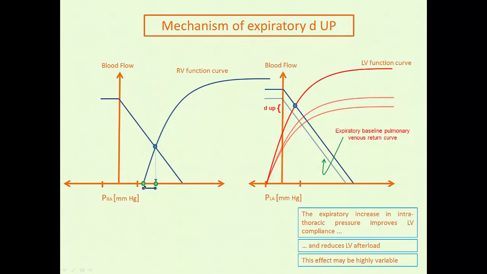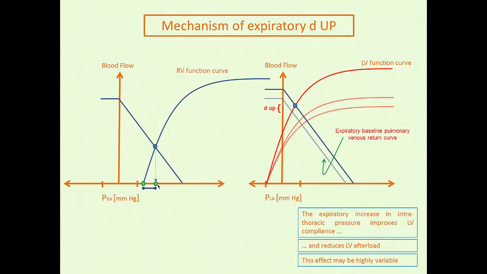And the reason I sort of paused before on expiration was because you could see that in the expiratory animation that I gave to you, this patient actually had a little bit of a forced expiration because their right ventricular function curve shifted to the right much more readily than if it was just a passive expiration. And the reason that I did that was to illustrate that the inspiration and expiration in the spontaneously breathing patient can be highly variable.